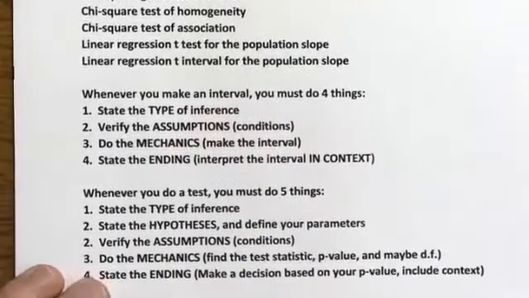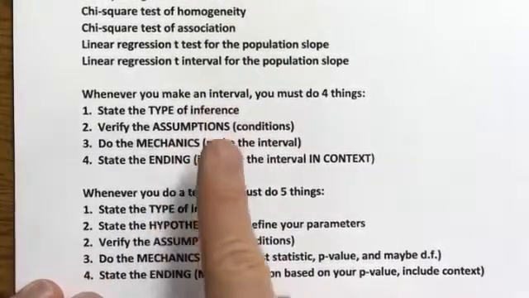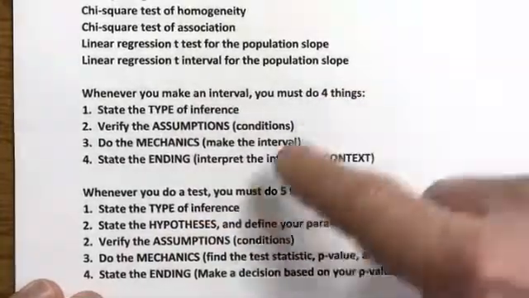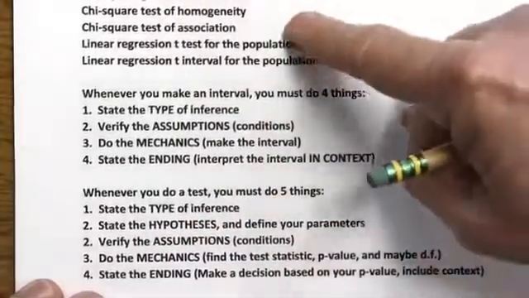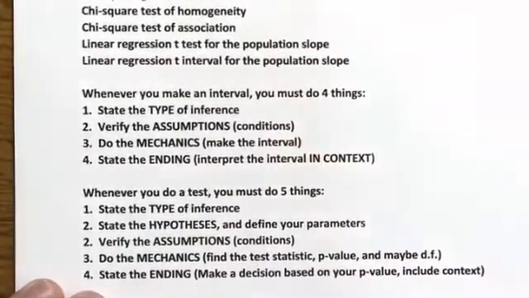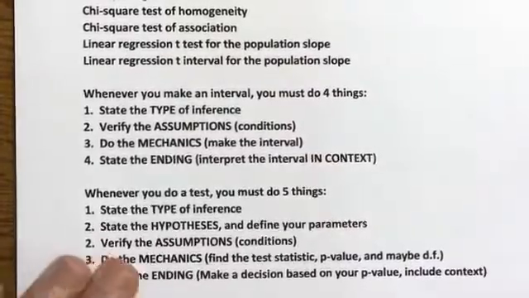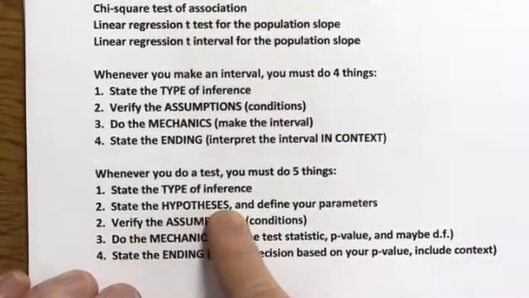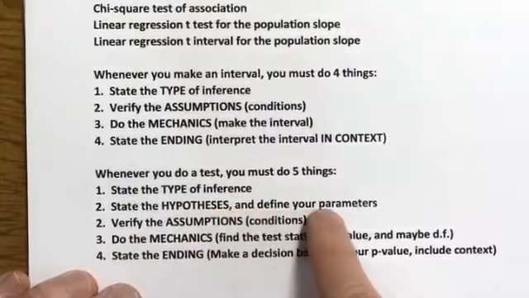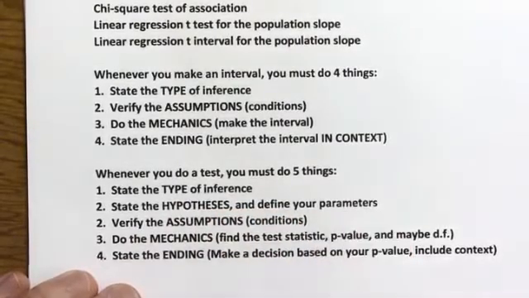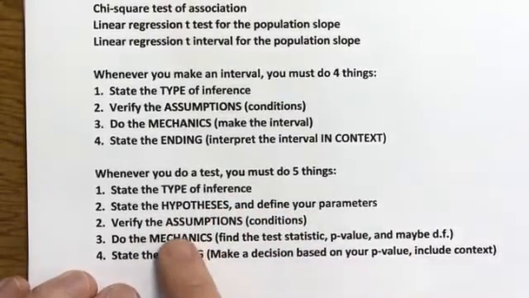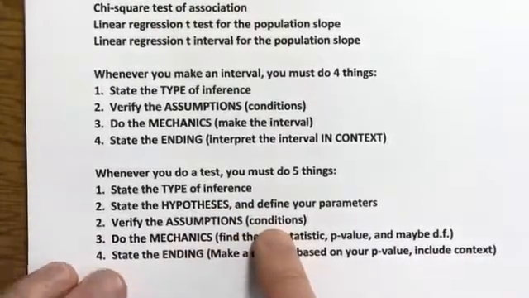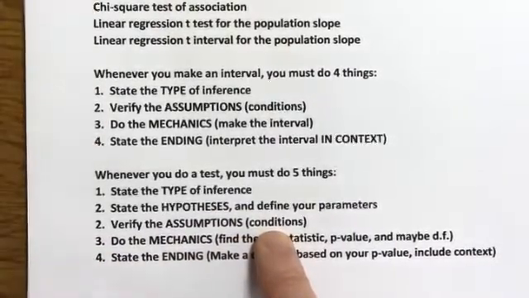Every time you do a test, you have to do five things. You have to do those same things, except you also have to state your hypotheses. State the type of inference, whichever of those 13 things it is. State your hypotheses, your null and your alternative, defining any parameter that you have. Verify your assumptions, which is SIN for the most part, though that gets refined depending on the inference.